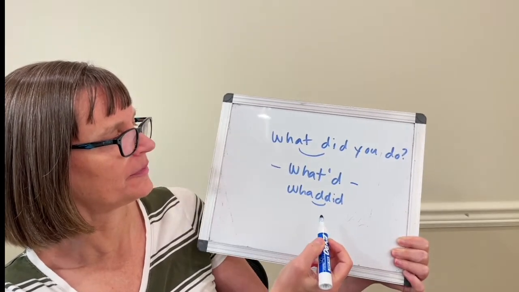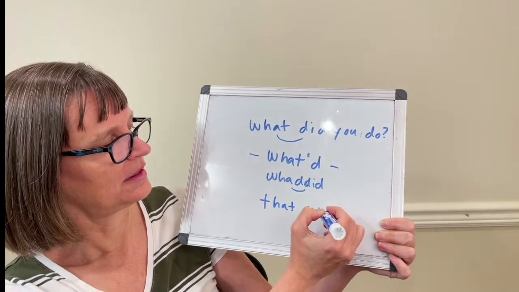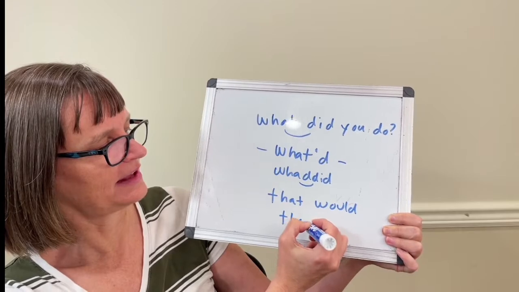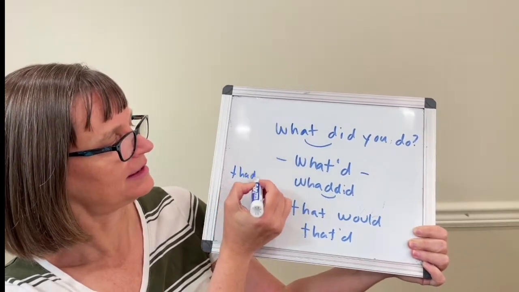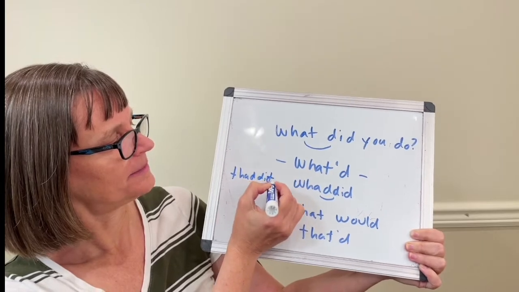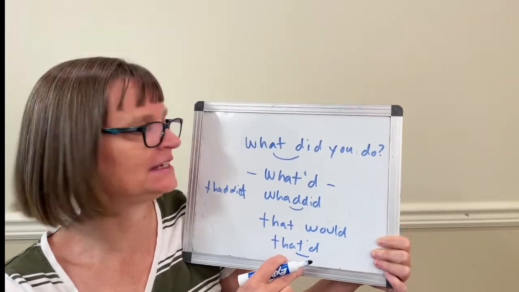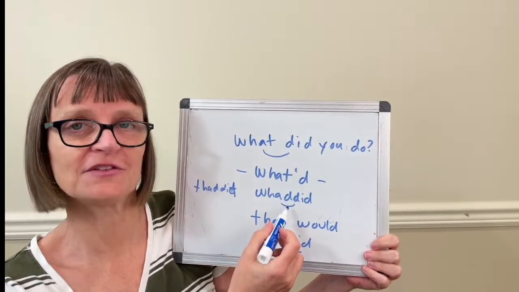So same thing, I have a video talking about that would. We say that like that'd, and it sounds the same, that'd. So as we have a T apostrophe D, this is how we would write how we pronounce what'd.